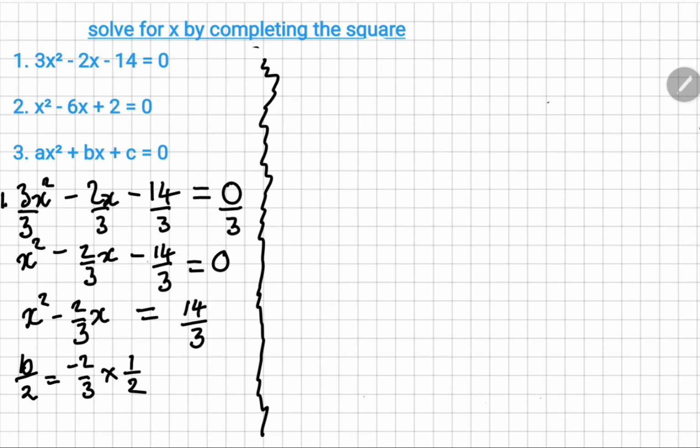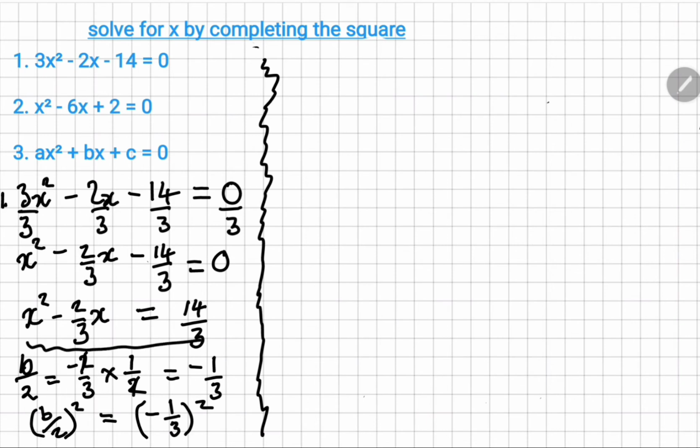I can see that these 2's are going to cancel each other out, so I'm going to remain with a negative 1 over 3. So b over 2 squared will be a negative 1 over 3 squared.